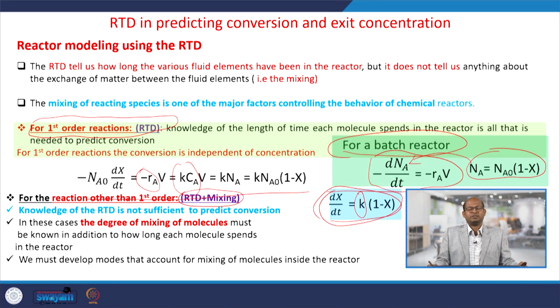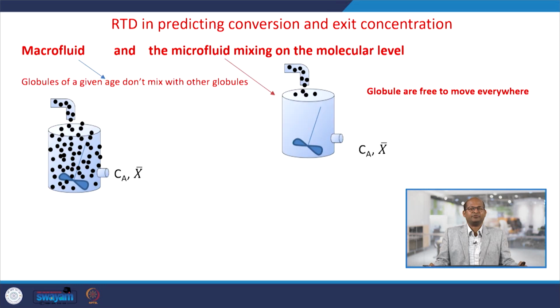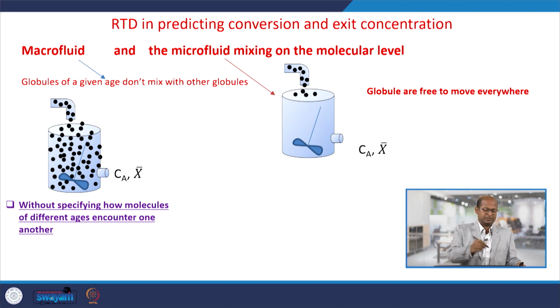If the mixing is not proper and the two molecules do not come in contact with each other, then the reaction or conversion would be different from expected. So the mixing we can describe as microfluid or macrofluid mixing.